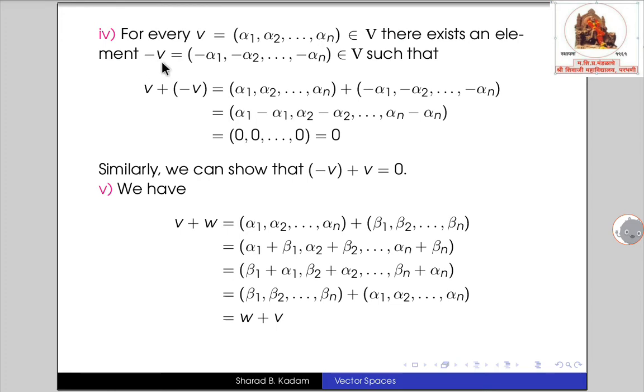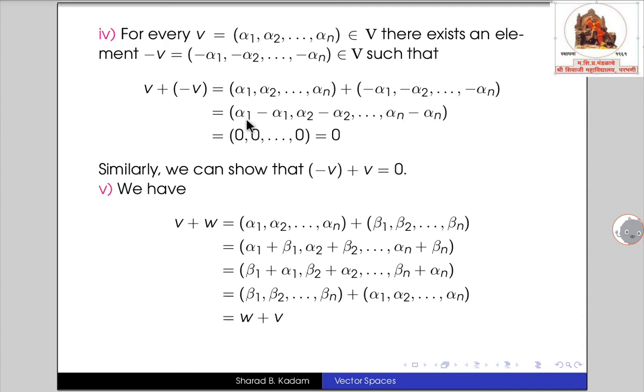And for the element minus v, the first component is minus α1, second component is minus α2, and nth component is minus αn, such that v + (minus v) equals (α1, α2, ..., αn) + (minus α1, minus α2, ..., minus αn). We add these two vectors component wise.